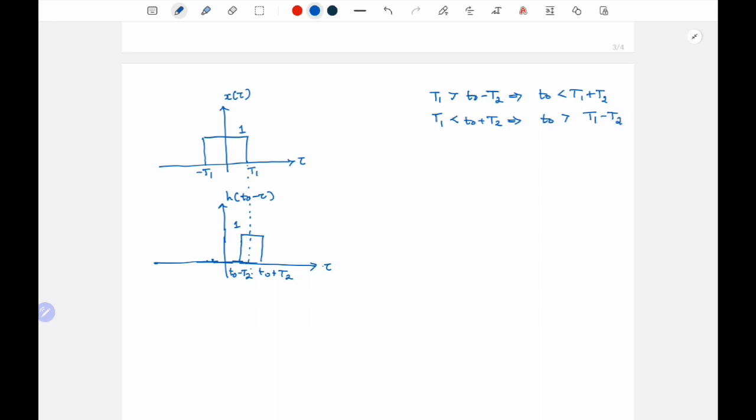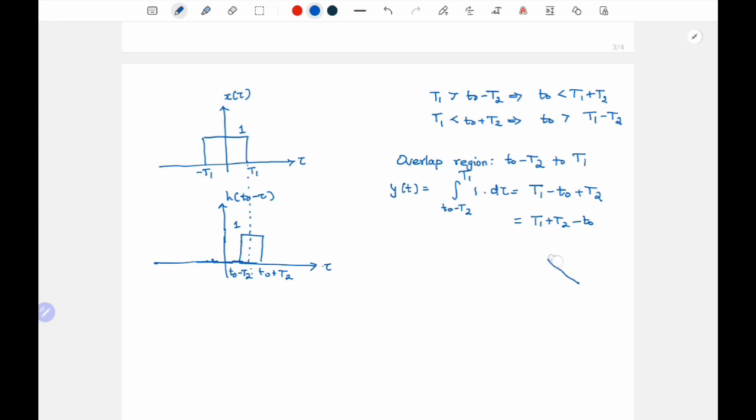So in this region, what is the overlap? Overlap region is t naught minus t2 to t1. So y of t will be integral t naught minus t2 to t1 of 1 into d tau, which is nothing but t1 minus t naught plus t2. So this is t1 plus t2 minus t naught. So this is a lowering ramp, right?